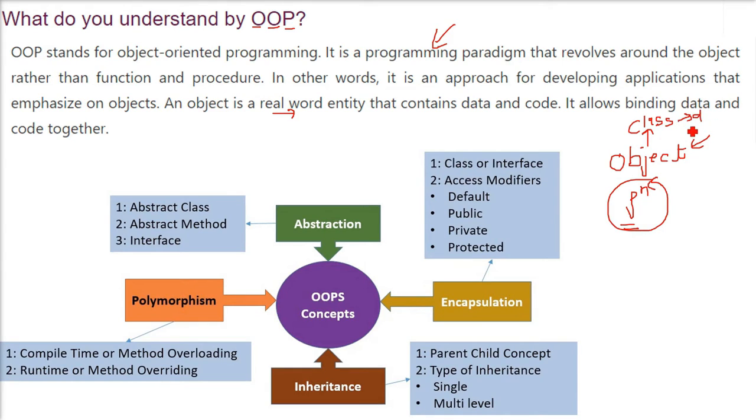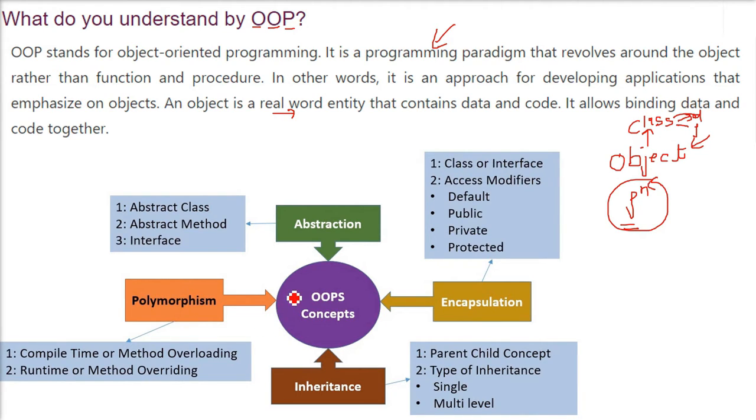We have certain baseline concepts which define object-oriented programming. The basic is that everything has to be an object. For example, Java is not a pure object-oriented paradigm following language because everything is not an object.